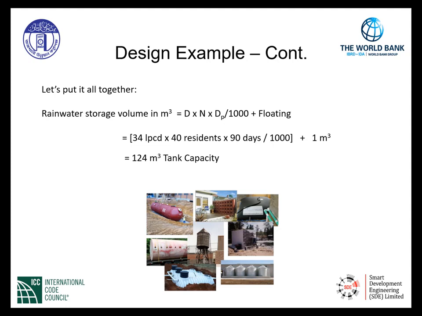Now let's put it all together. We will solve for the rainwater storage volume in cubic meters for our tank capacity. Below, we've plugged the values into our equation: 34 liters per capita per day times 40 residents times 90 days divided by 1,000, plus 1 cubic meter as the additional capacity for floating.